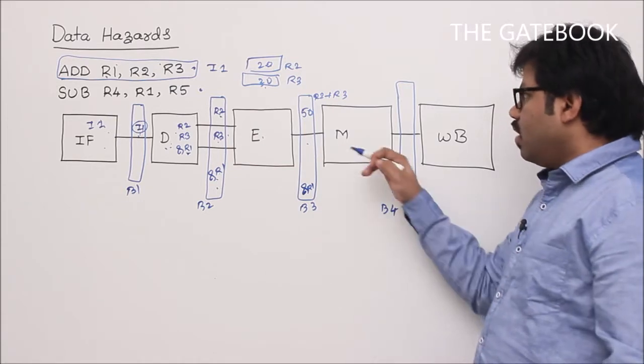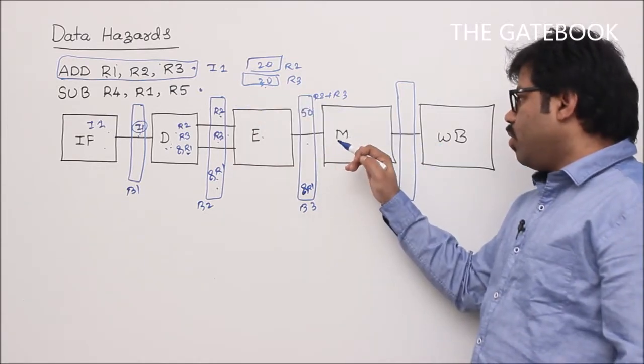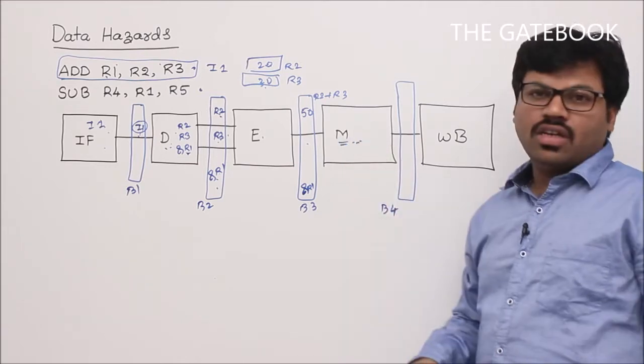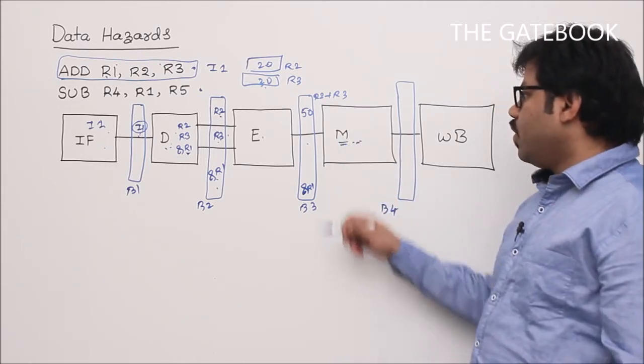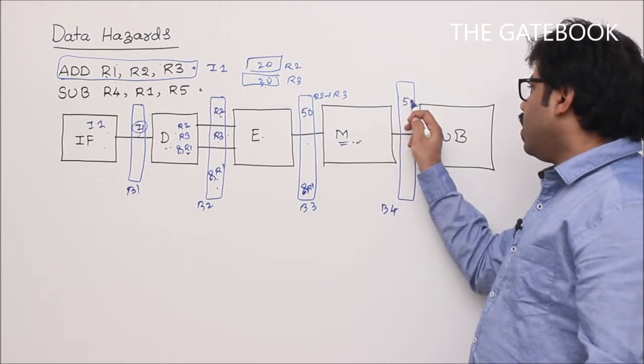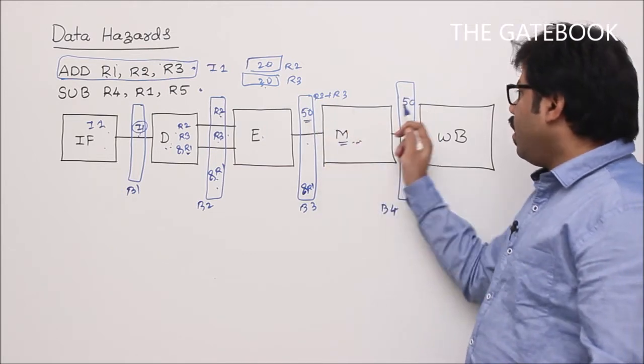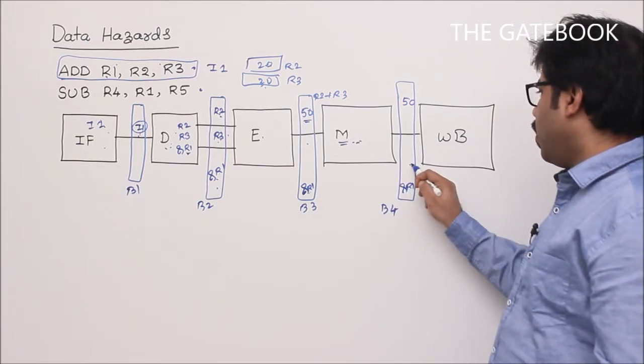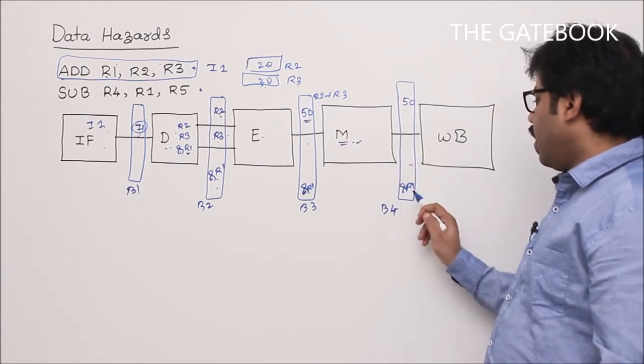But of course, for the add instruction the memory stage doesn't require anything, correct? That means there is no work for the memory stage. So what the memory stage will do is simply move the content 50 to the next level, and the address of R1 to the next level. In that way this buffer is going to have 50 and the address of R1.